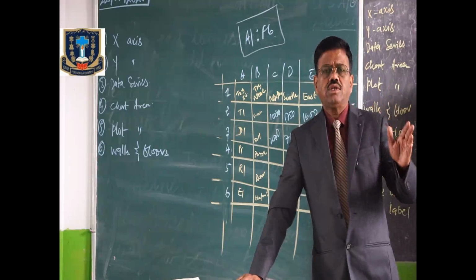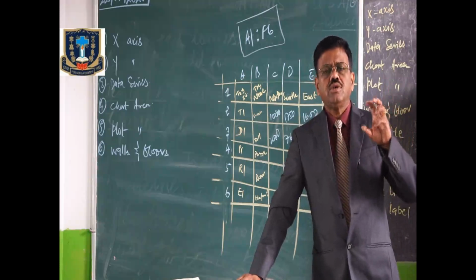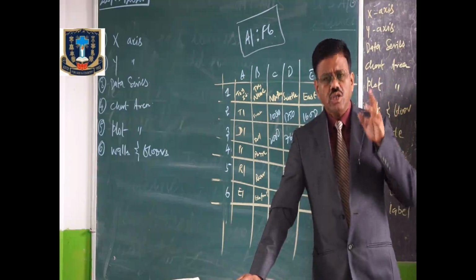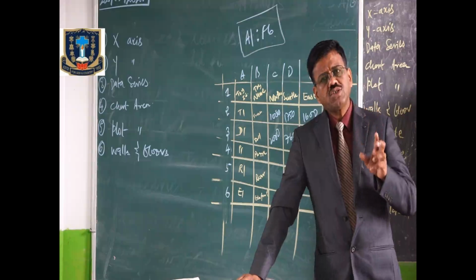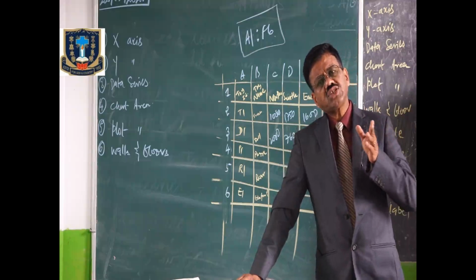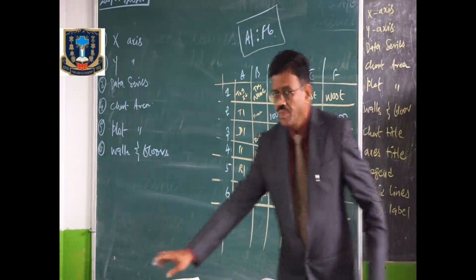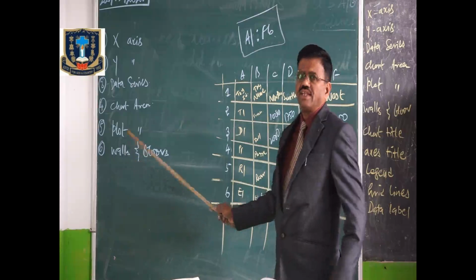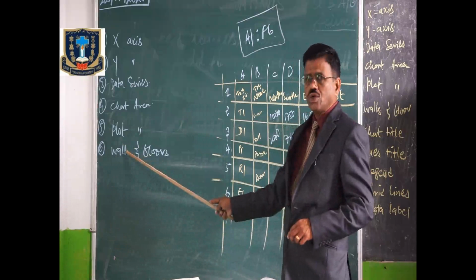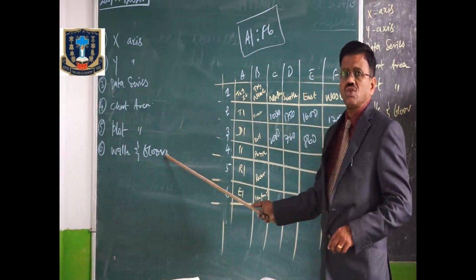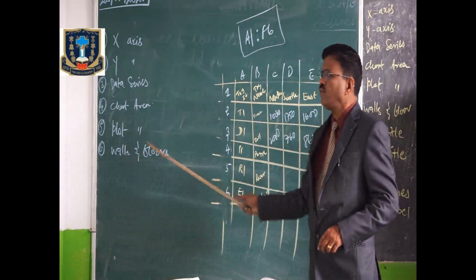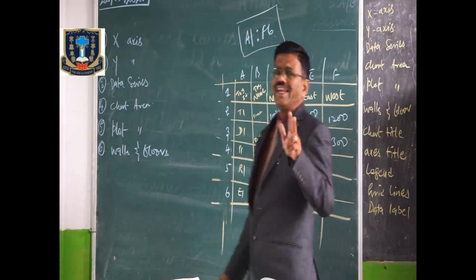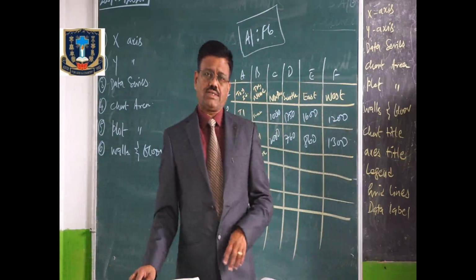Your pie chart or a histogram or a columnar chart can be seen in 2D as well as 3D. Right? Whenever we talk about the horizontal one in 3D, that is, the XY plane is known as walls, the YZ plane is known as floors. Walls and floors are always used in 3D charts.